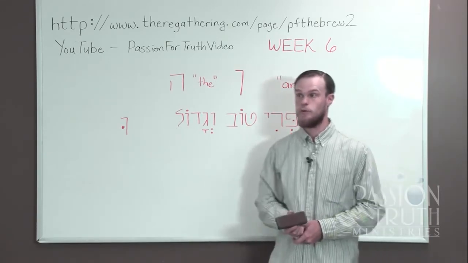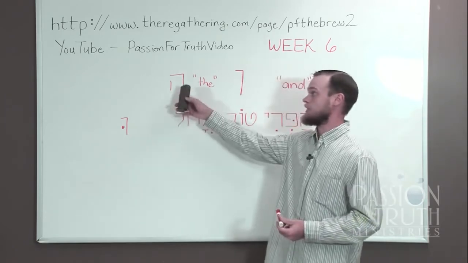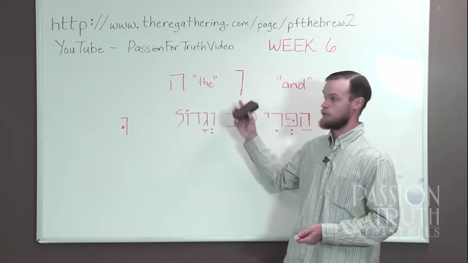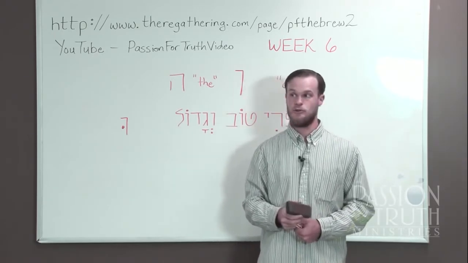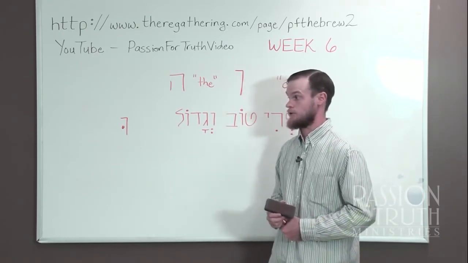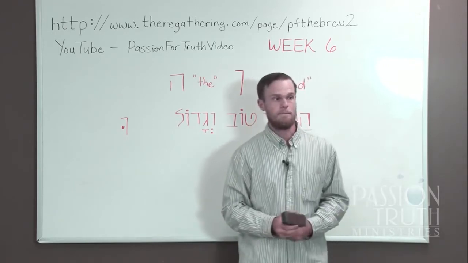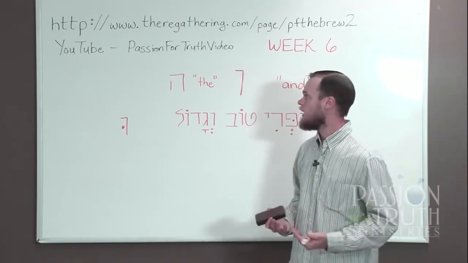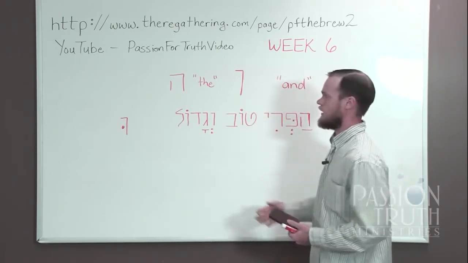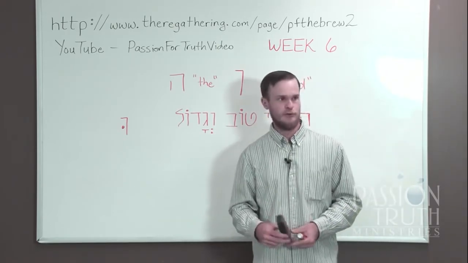I've gone through some basic grammar with the definite article. Now I've introduced a vav prefix. The next 2 classes I'm going to introduce the rest of the prefixes because there are several more. So you'll be introduced to all of those. I've introduced verbs, just the ba verb so far.